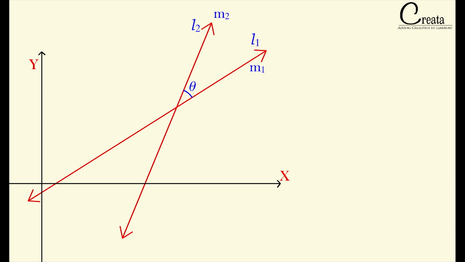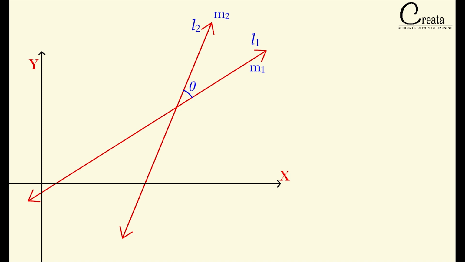So basically, we will try to find the value of theta, the angle between the two lines, in terms of their slopes, that is, in terms of M1 and M2. We will derive the formula of theta in terms of M1 and M2. So this is the foundation of the lecture. Let's begin.